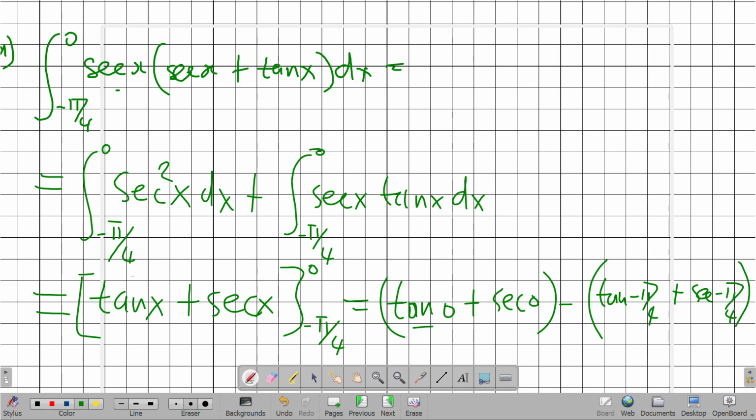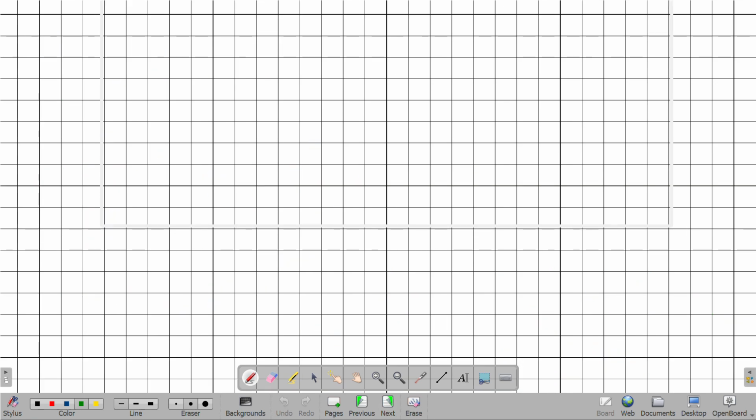Tan 0 is 0, sec 0 is just 1, minus, this is also minus 1, because that's 1 over cos of pi over 4, that's root 2. So your answer is just equal to 2 minus root 2. That's your answer. Right?